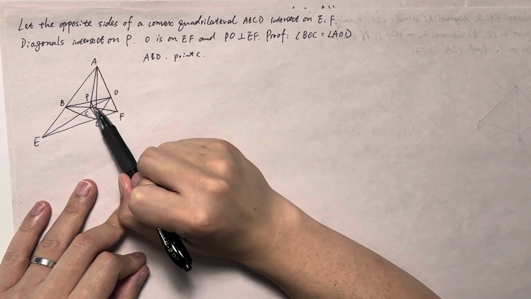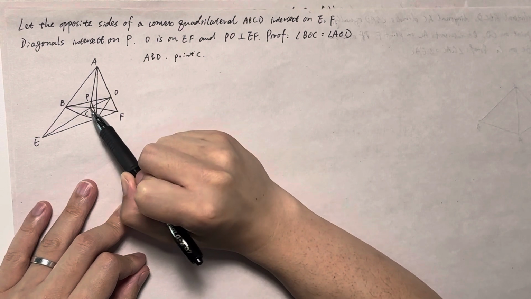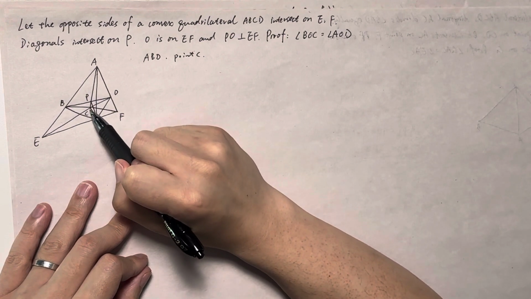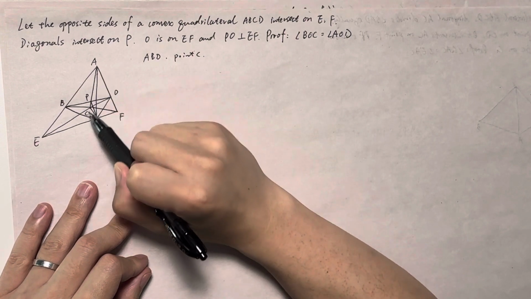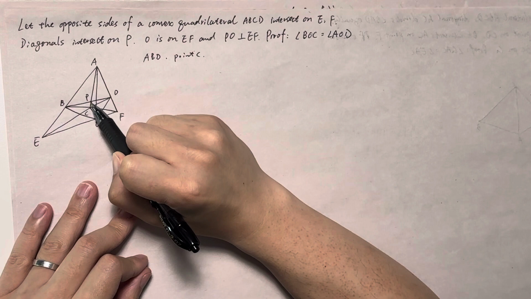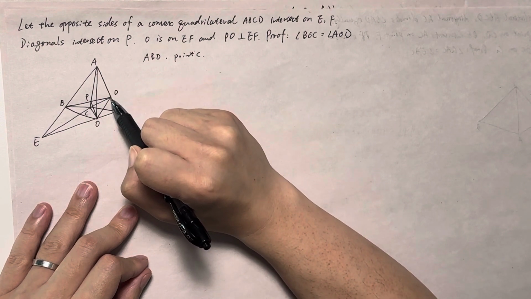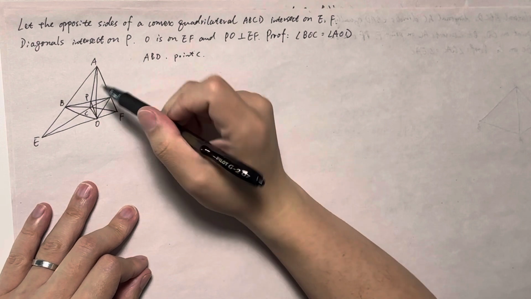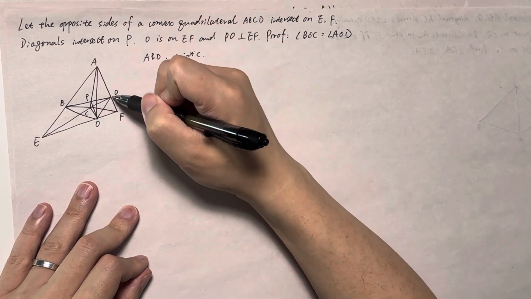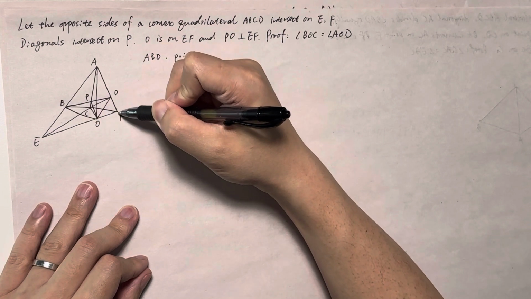If we look at BCD, from the vertex C, we draw a line to BD that intersects BD at P, and that's the CA line. And from point D, we can draw a line to BC, that's actually DF.